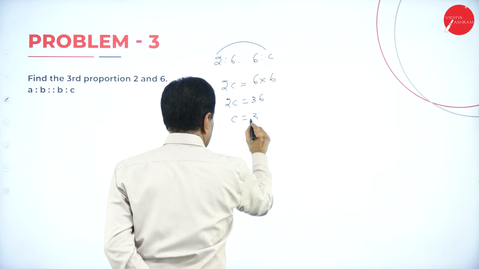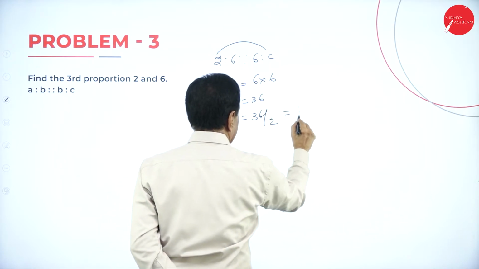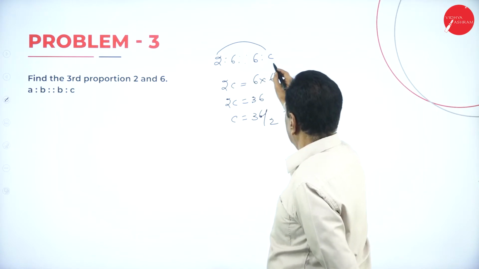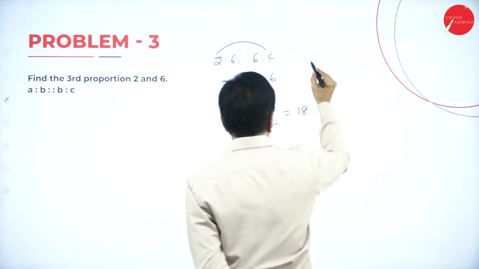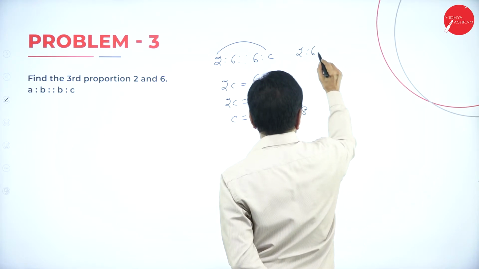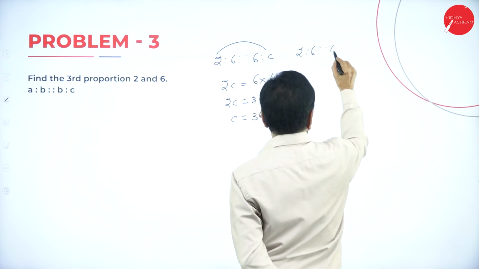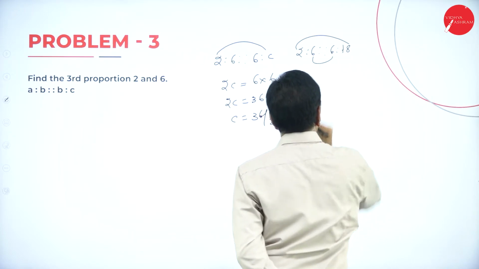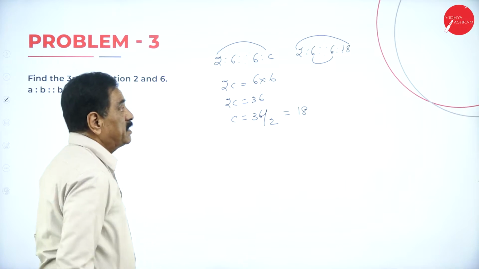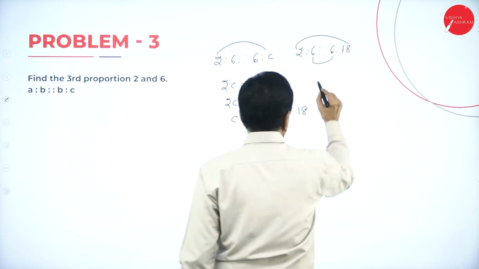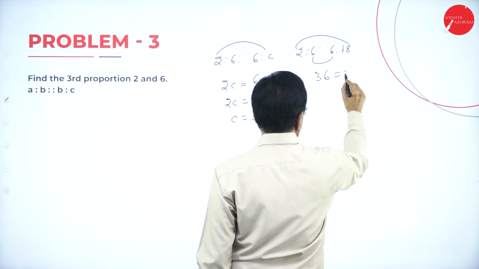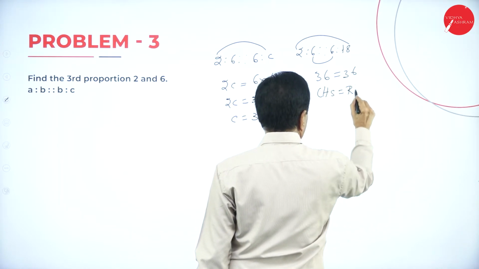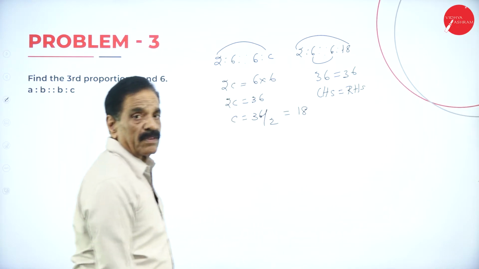C is equal to 36 divided by 2, which is 18. So 2 is to 6, 6 is to 18. See that? 18 twos are 36. 6 sixes are 36. So 36 is equal to 36. LHS is equal to RHS.